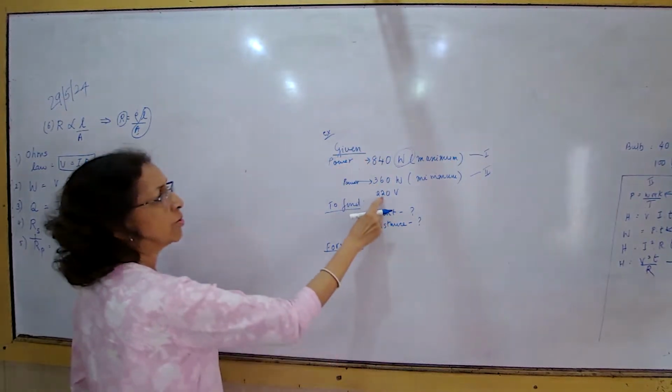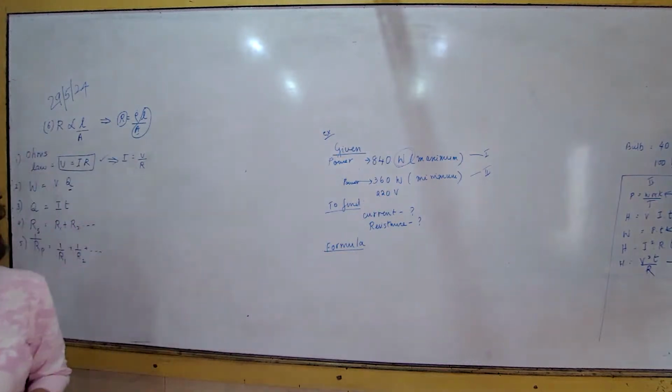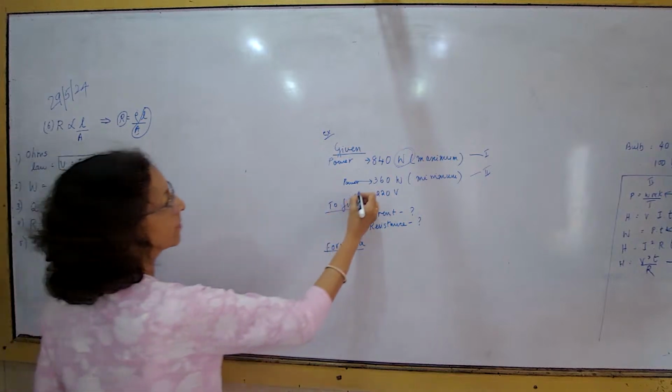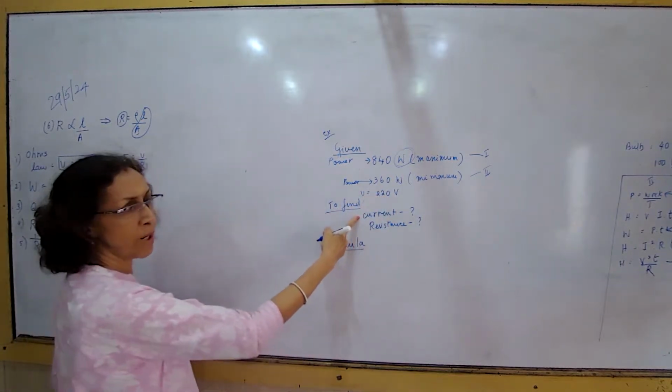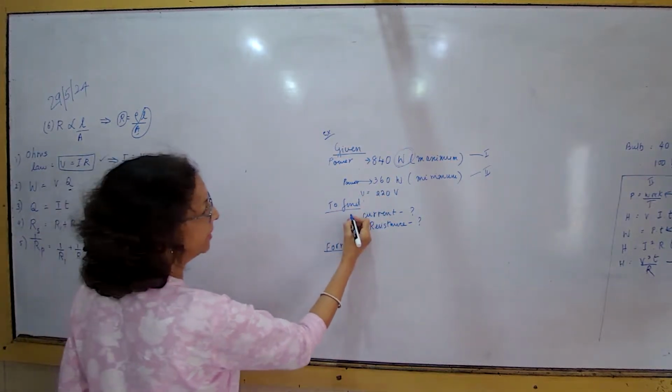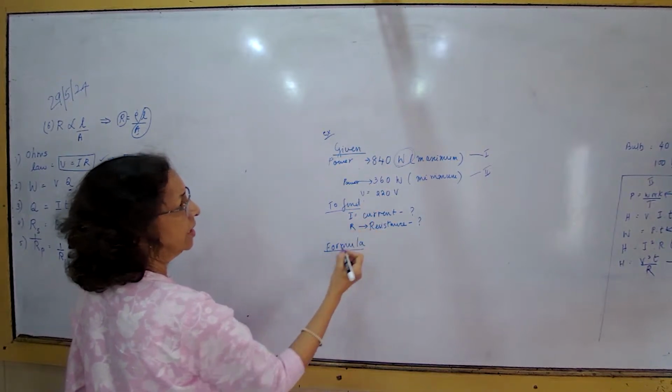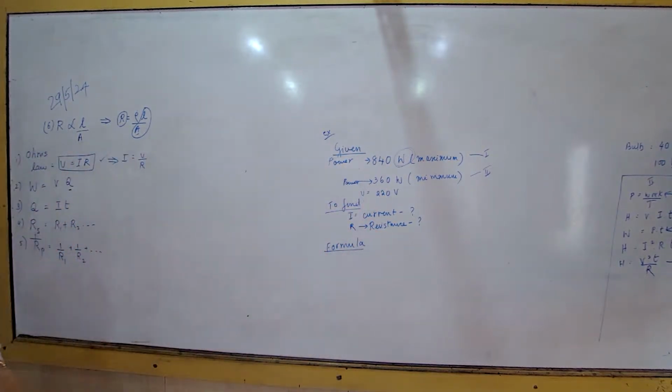Okay. What is 220 V? Potential difference. So what alphabet will you use? V. What is the alphabet for current? I. Everybody knows it? Resistance is R. How can we find out I?